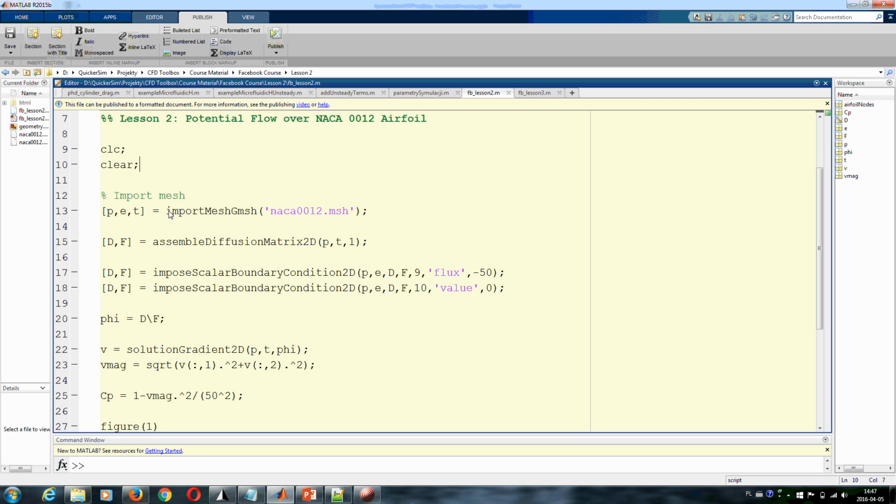Alright, so we call the import mesh Gmsh function, and you have to download this file, the mesh file we have already created for you in Gmsh, so please simply use our mesh.